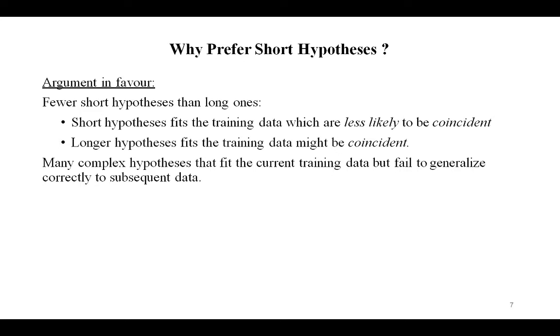That's why there are more 500 node decision trees than 5 node decision trees. We might therefore believe that a 5 node tree is less likely to be a statistical coincidence and prefer this hypothesis over the 500 node hypothesis. So this is just an argument in favor of why to prefer the shorter hypothesis.